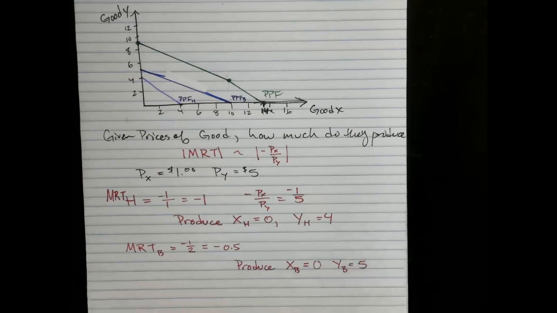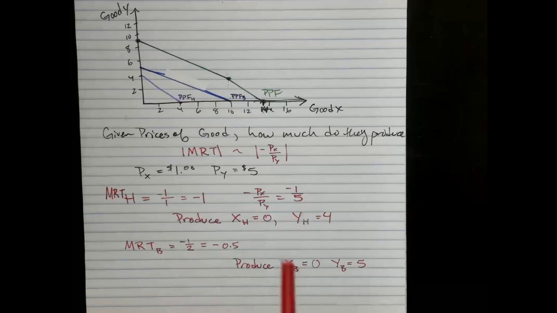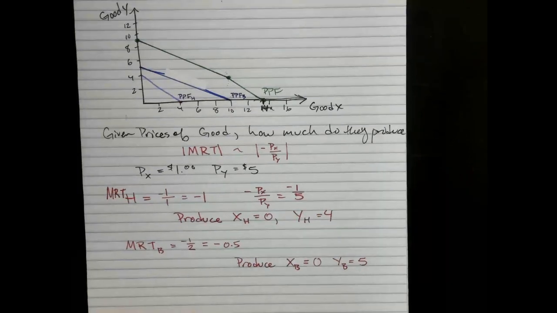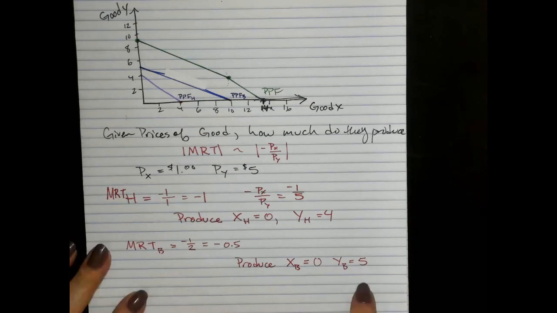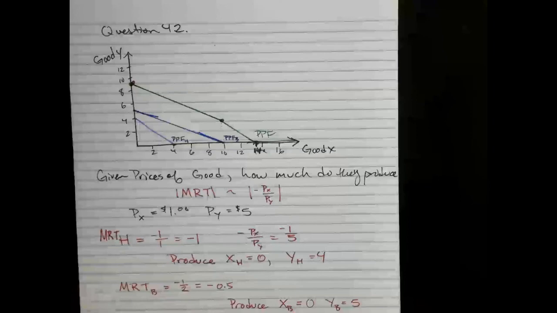Does that kind of make sense? So 1 is greater than 1/5, 1/2 is greater than 1/5. Neither of them produce any X, they both produce Y, and so we end up with a production point that is 9 total units of Y and is somewhere over here, exactly right there.